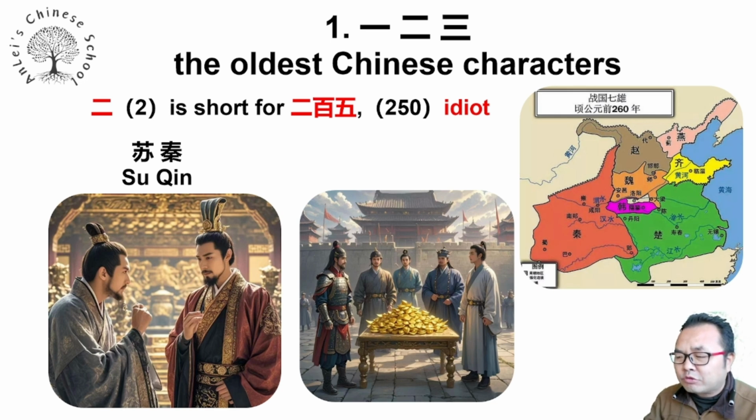In 284 BC, China was in the Warring States period. China was divided into 7 major kingdoms. There was a smart guy, his name was Su Qin. He was a spy sent to the Qi state by the king of Yan. He gave the king of Qi a lot of suggestions that looked great for the kingdom, but actually were a waste of Qi's resources.